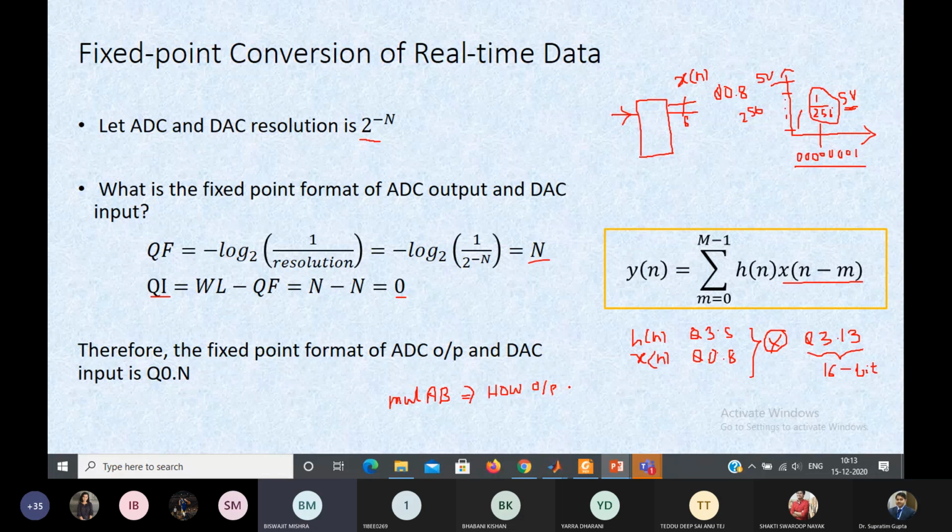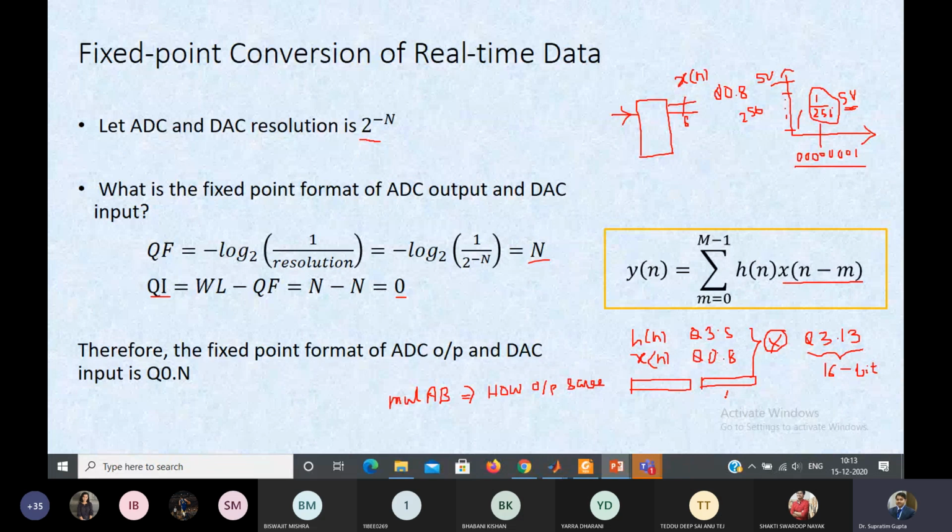Sir, higher nibble in B and lower nibble in A. Very good. So not nibble. Sir, B is a byte register. Yes. So we have lower byte in A and higher byte in B.